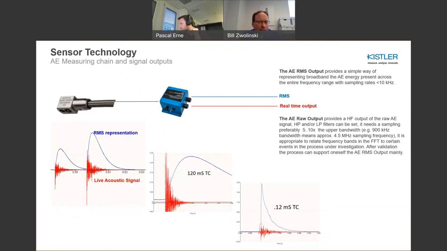What RMS refers to is this: if you look at the red signals, these are the live acoustic AE signals, and the blue one is the RMS output. I like to always refer to the RMS as an envelope. It gives you the envelope of the signal. If you look at the red curve, there's a lot of up and down varying content in there. But you can see that the blue curve emulates the pattern of the peaks.